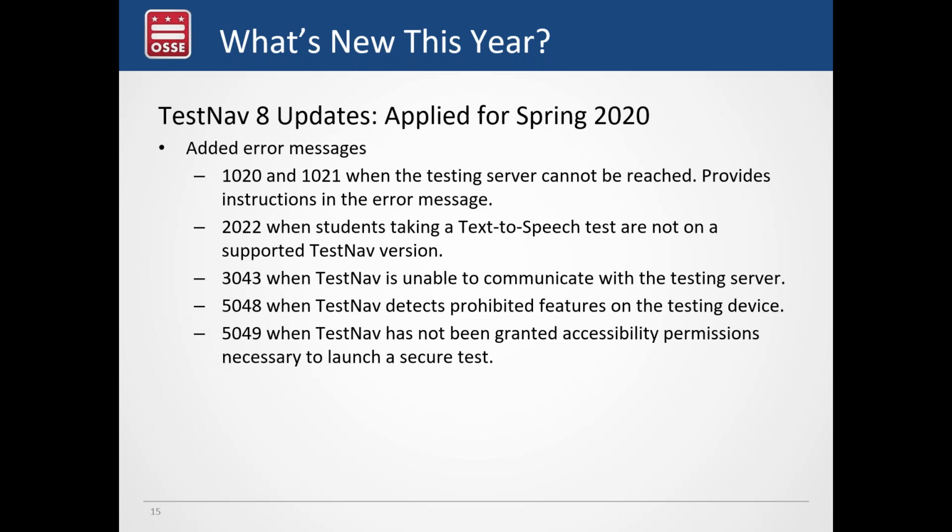And again, it'll pop up with a note saying contact your test monitor to start the test. But then we also give instructions on how to get that fixed. And then it basically says return to TestNav and sign in again.